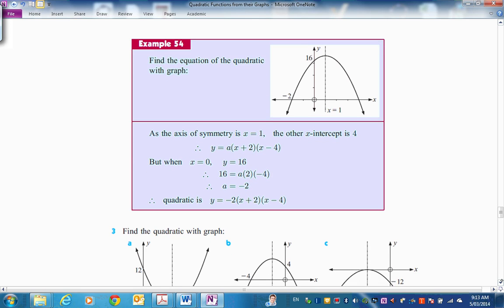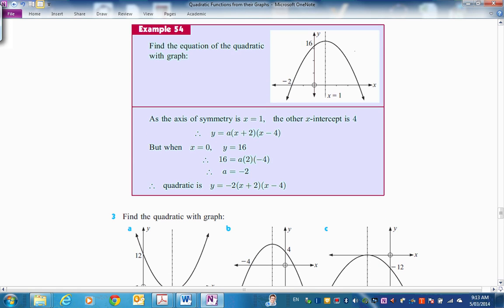So you might have guessed what we're going to do here. We're going to start with a graph here that's got something to do with the vertex. So here it is, axis of symmetry, x is 1. So we know this has got x is 1 there. And the other x-intercept here, and we've got one x-intercept, is neg 2. So what would this be?